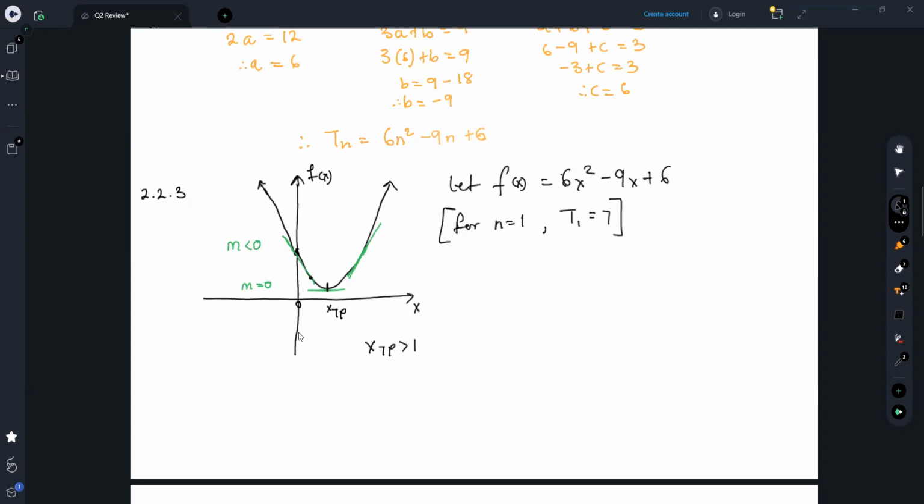And then after decreasing, there would be 0, then it would increase again. This is if x of TP is greater than 1.